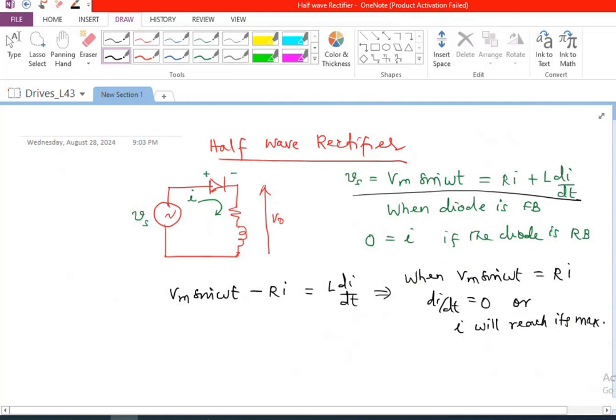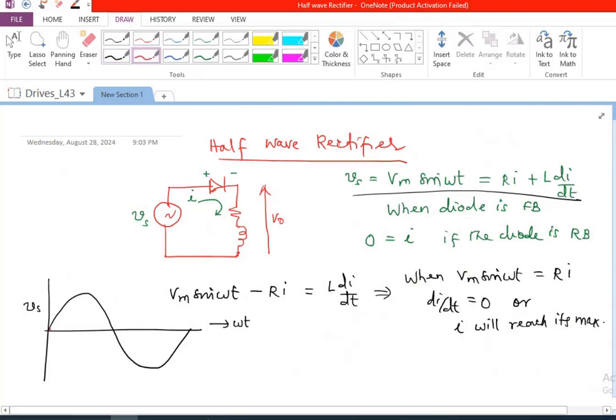Okay. So if I try to draw the waveform, I should say this is my input voltage with respect to omega t. So this is going to be Vs. And initially, when Vm sin omega t is greater than Ri, because i is 0, when I start, the current is going to be 0.